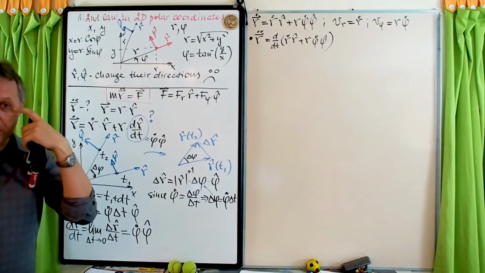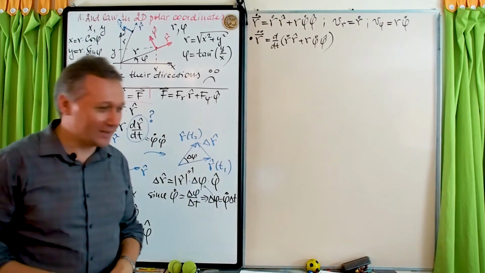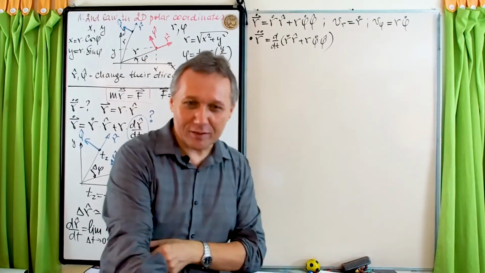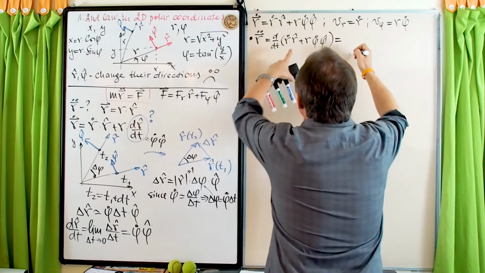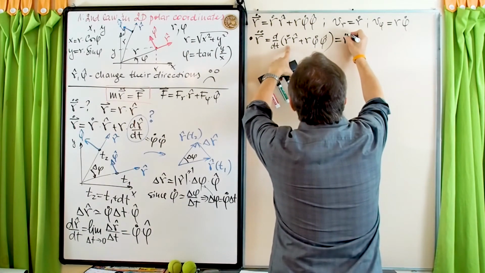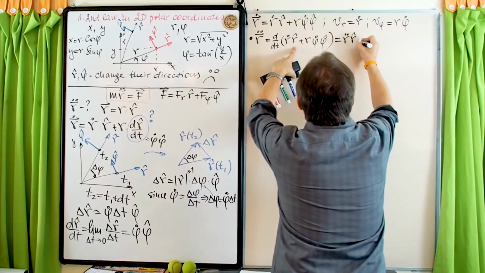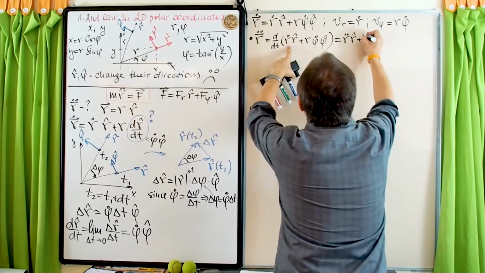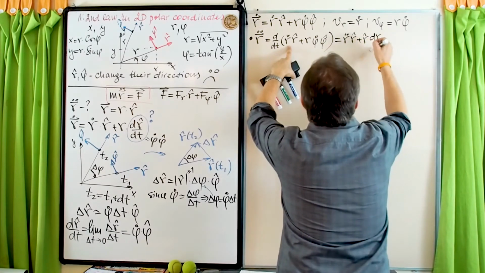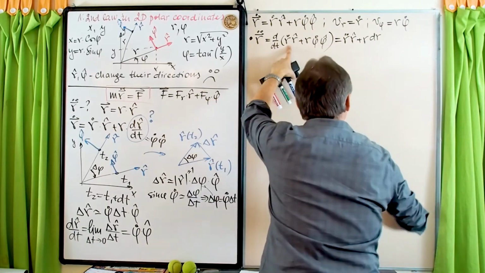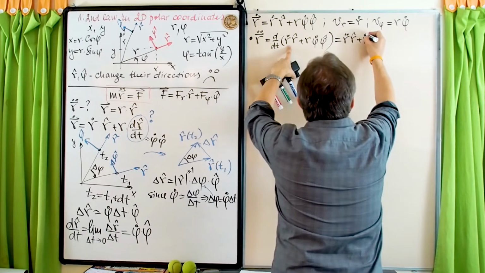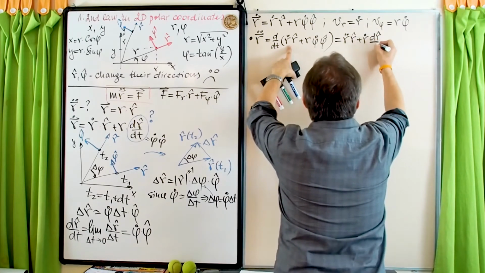So now we have to be careful, right? Because it's so easy to lose something. So r double dot r hat plus r dot, r dot, and I wrote r hat. R dot and then dr hat over dt.